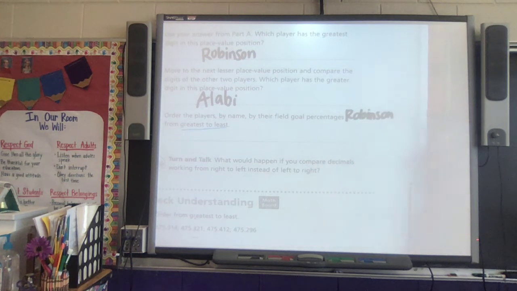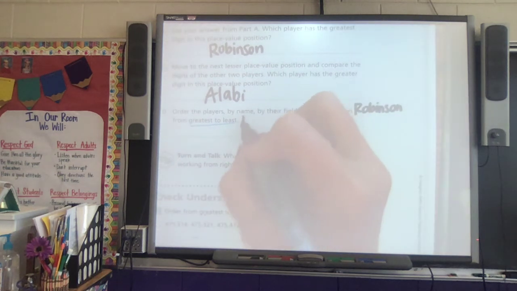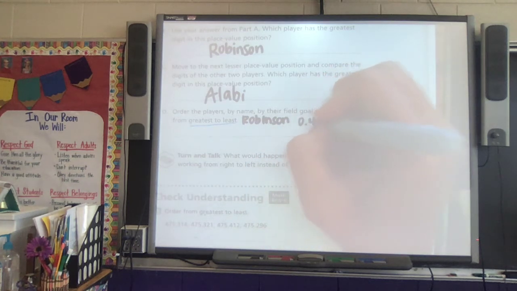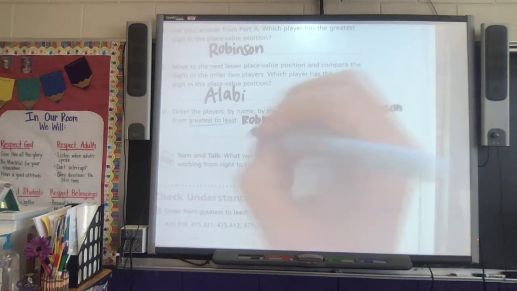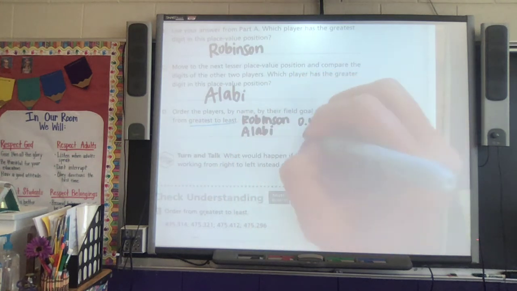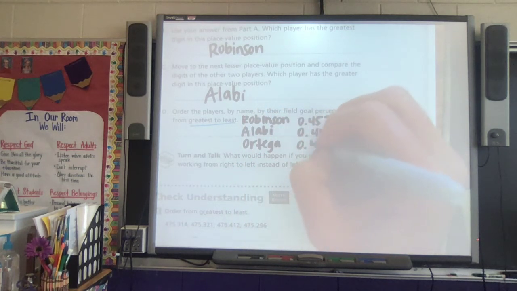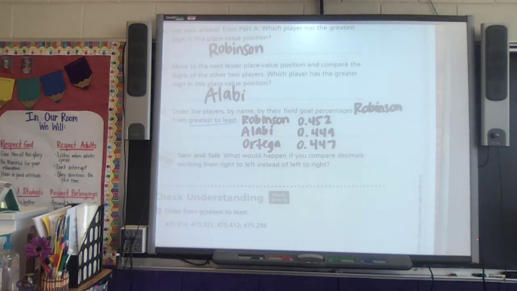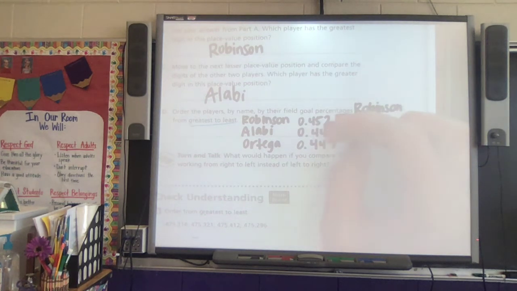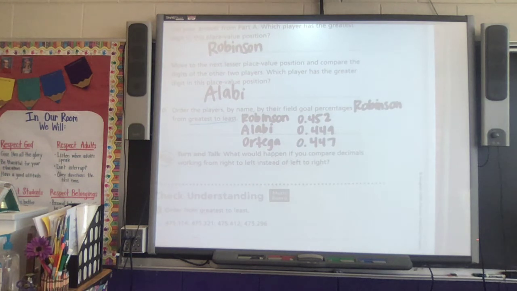Robinson, 452 thousandths. Alibi, 449 thousandths. And Ortega, 447. Now, they're pretty daggone close, right? This one is only 2 thousandths smaller. And then we've only got 3 thousandths difference here. So, they're very close to each other.